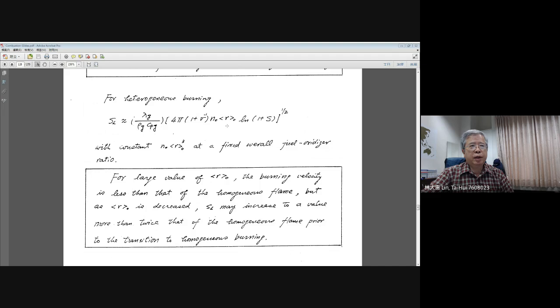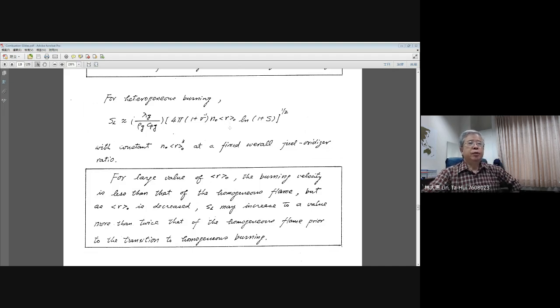Taking the square root, you will figure out from the bracket that it gives you the relation between the flame speed and R naught by inverse proportion. Okay, that means the flame speed is inversely proportional to the radius of your droplet from the beginning.